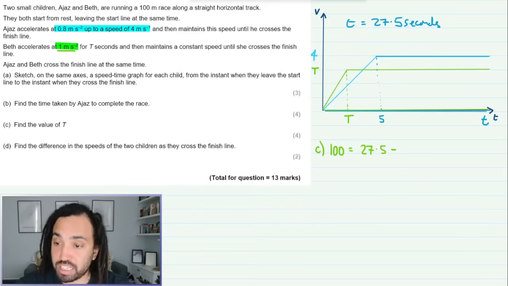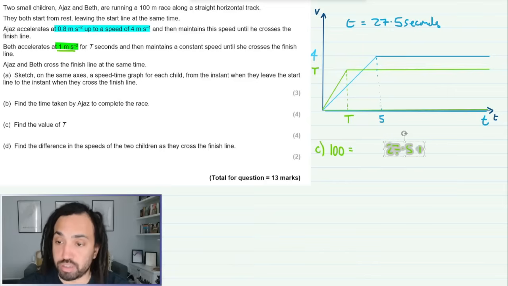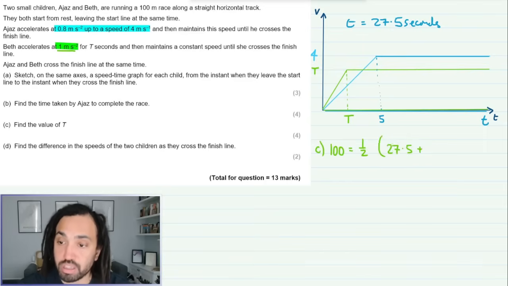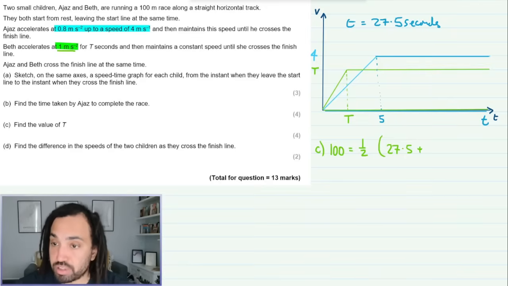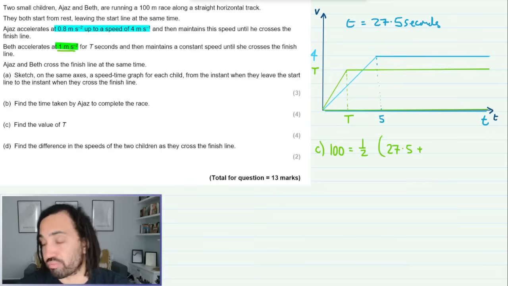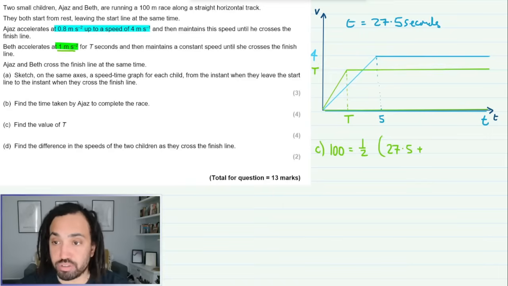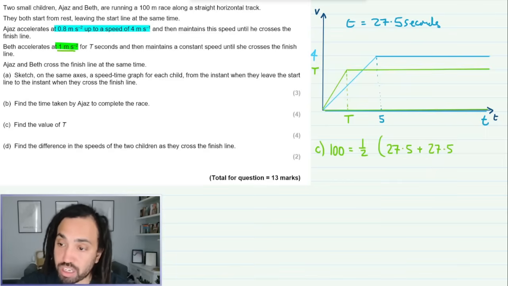And then we need to add the other parallel side. Oh, sorry, I should also just put half first like I did last time. And the other parallel side is this one here, which is the whole time of the race minus the first part, which is t. So that's 27.5 minus capital T.